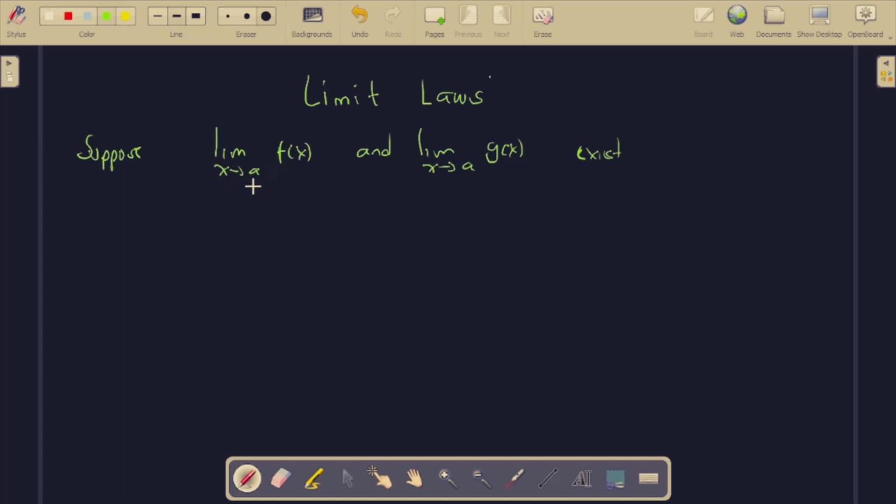All right, so we suppose that the limit of f of x and the limit of g of x, the two limits have to exist, and we want to take c a constant, and let c be any constant. Now the first limit law has to deal with addition.